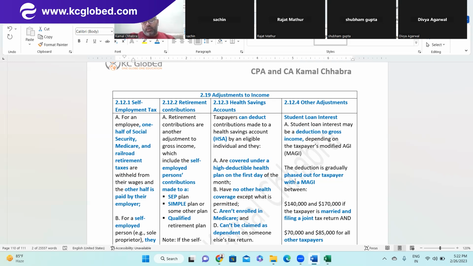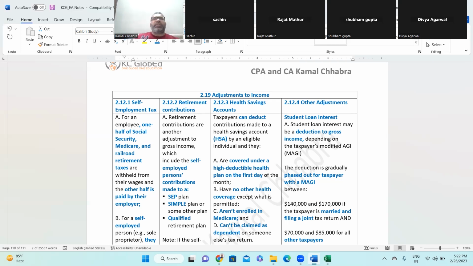In that scenario, you are self-employed. In the case of self-employed, there are certain deductions you are eligible for if you make deposits of self-employment tax. What is self-employment tax and how much do you need to deposit to claim the respective deduction?